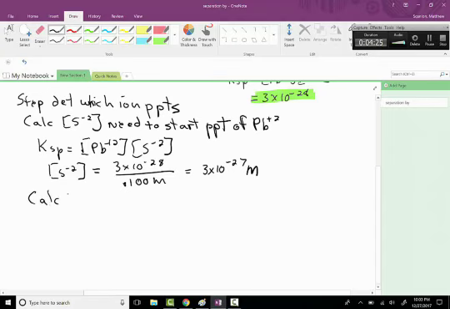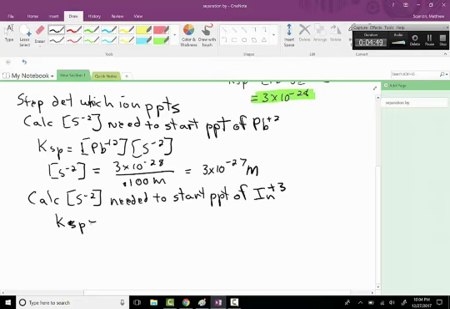Now I do the same thing with the indium. Calculate the concentration of sulfide needed to start precipitation of the indium plus 3. Same thing, KSP for the indium is equal to the concentration of the indium plus 3 squared times concentration of sulfide minus 2 cubed.